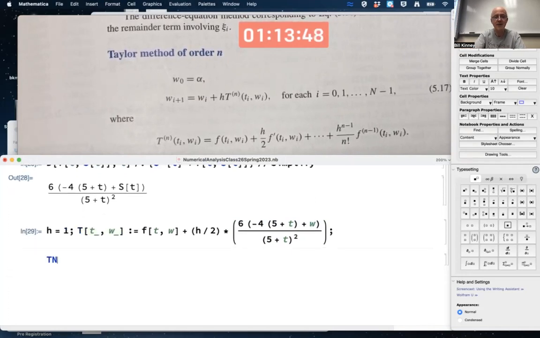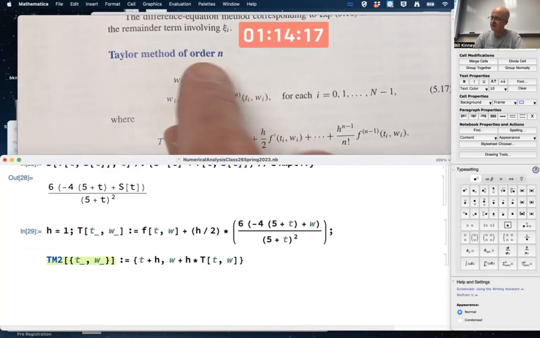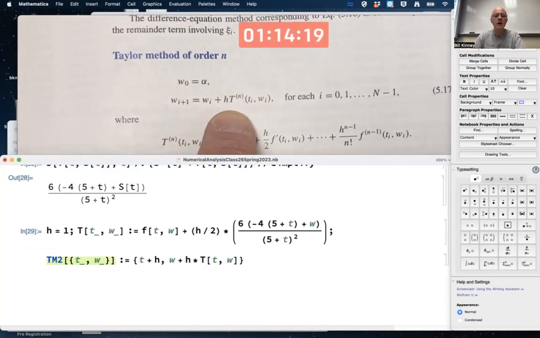So now we do the Taylor method. Maybe I call it TM2 because it's n equals 2, in the same kind of way we did the regular Euler method. T plus h for the first one, and w plus h times t of tw for the second one. I'm using this equation now.